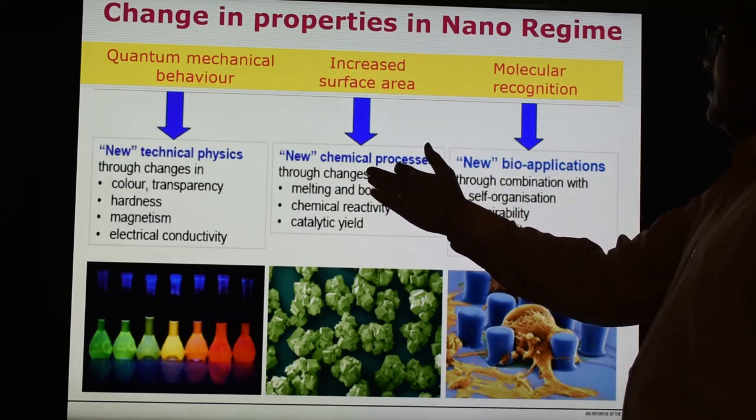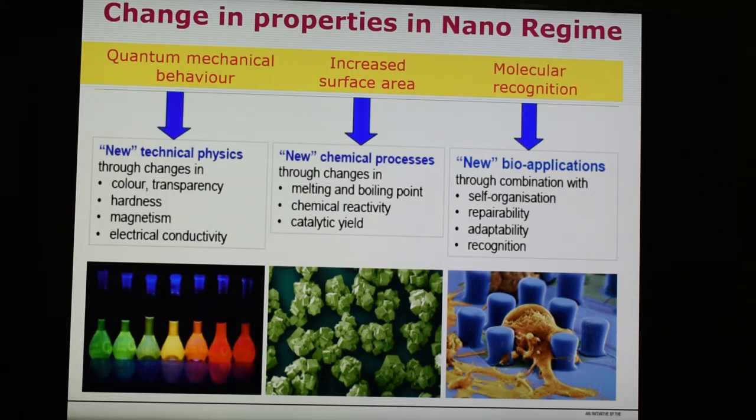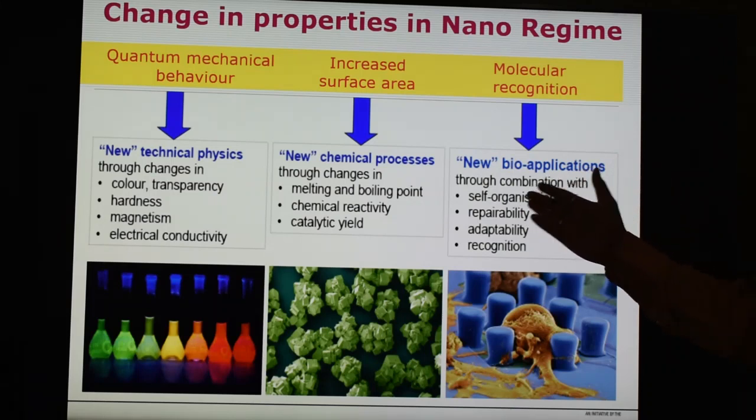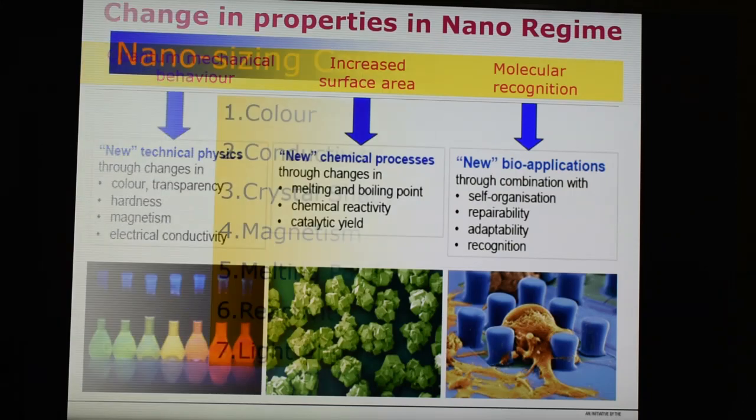Another approach in the nano region is new chemical processes. Because of these new processes, it shows changes in melting and boiling point, also some chemical reactivity and catalytic yield. In case of biological applications, the third approach, it shows changes in self-organization, repairability, adaptability, recognition. So these are the changes in 3 different approaches.